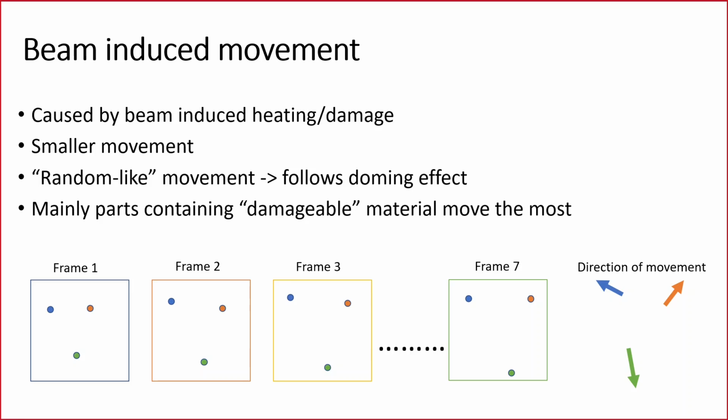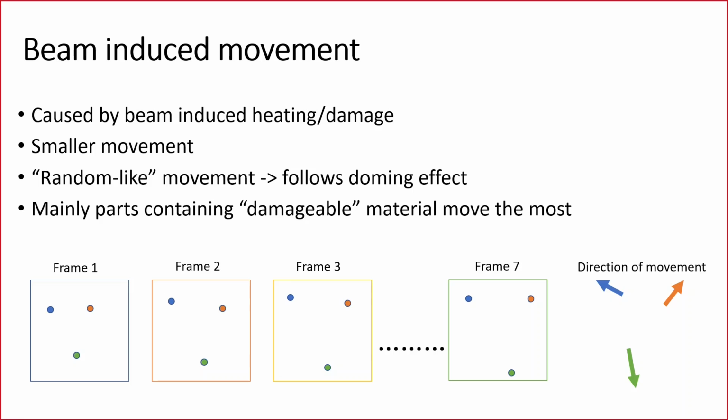This beam-induced movement is usually smaller than the drift, yet it's better to correct for it. It is a smaller movement, and it's more random-like. So not all the frame is moving in a certain direction with all the particles, but the particles are moving in random-like directions.